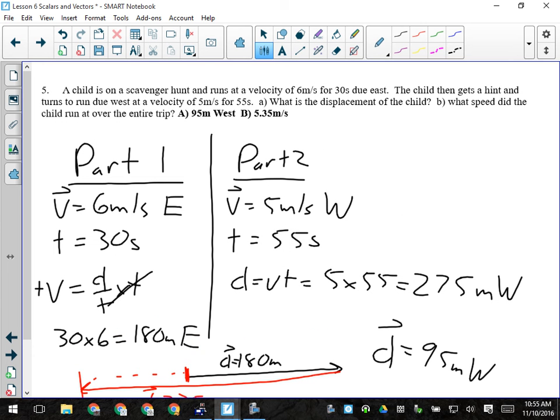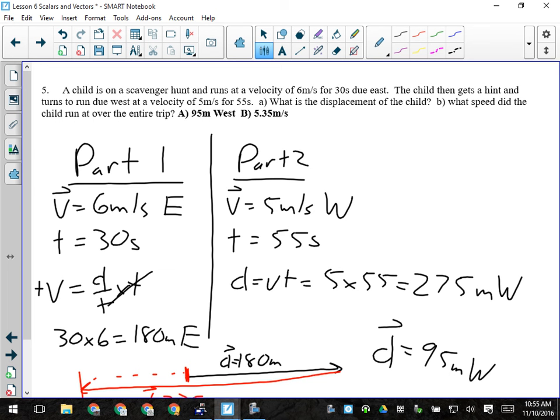What's the speed of the child over the entire trip? Do I have the information to get that right now? What two pieces of information do I need? Mason? Total distance and total time. Does the east and west matter anymore? No, it doesn't. Speed is scalar, distance is scalar. So what do I have to do with the 180 and the 275? Will, what do I do with them?